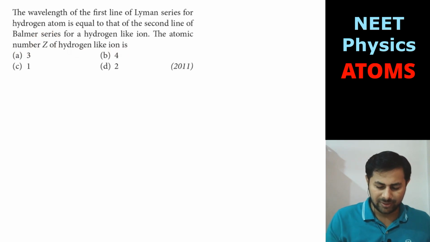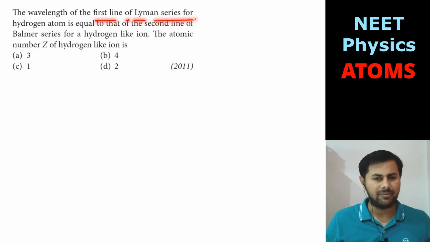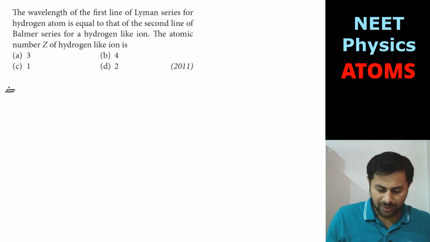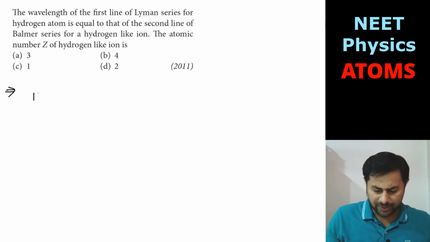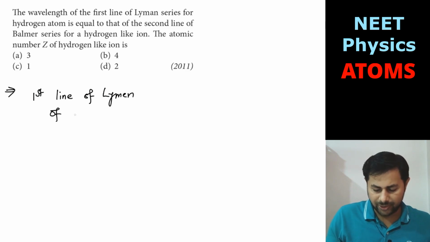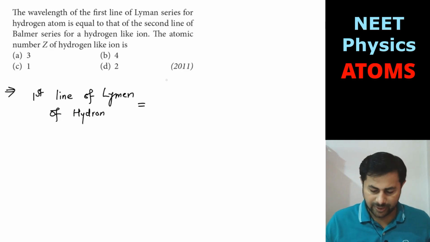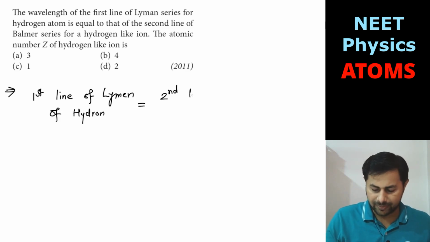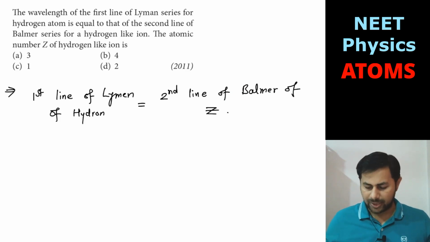So the wavelength of the first line of the Lyman series of hydrogen is equal to the second line of Balmer of some atom having atomic number equal to Z.